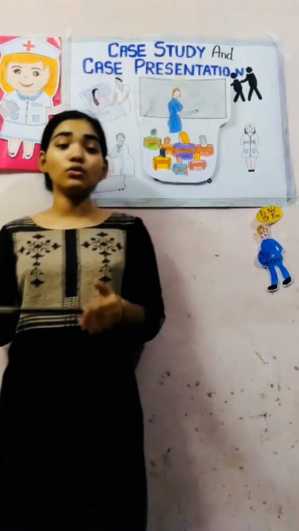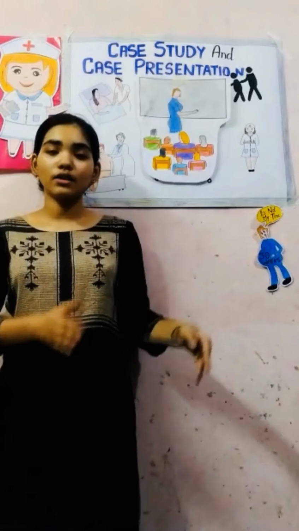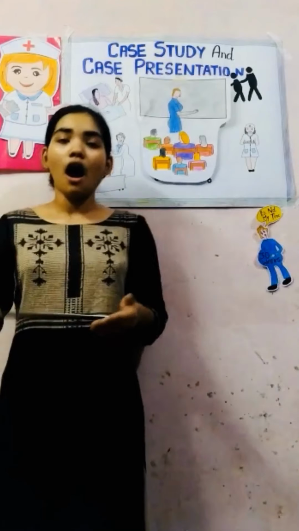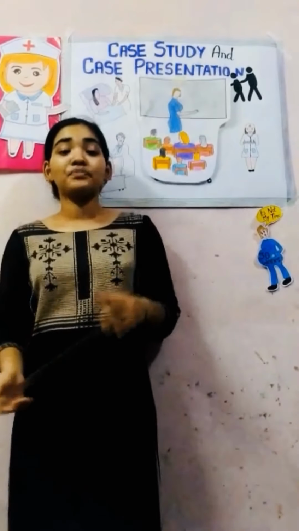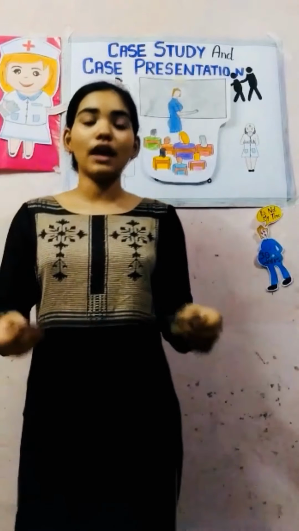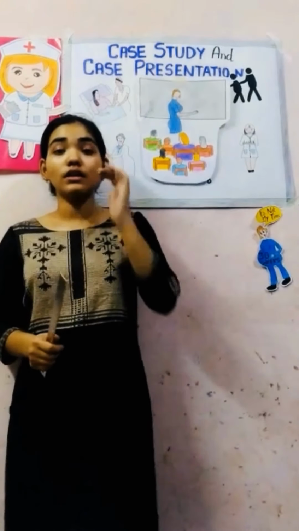These types of things are included in the case presentations. Then after the physical examination or the assessment, explain what treatment is received by the patient to treat that disease.